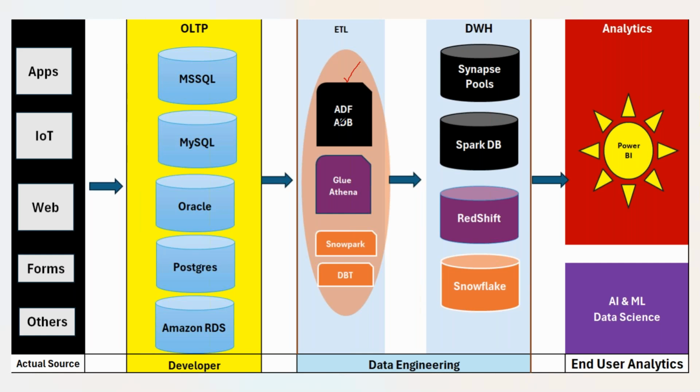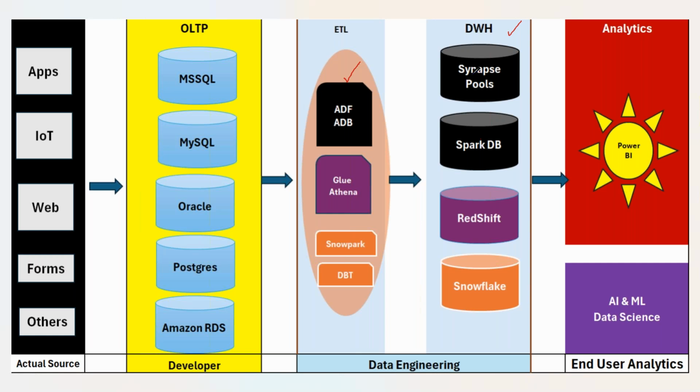So I said two different modules: one is the Data Factory module, the other is the Databricks module. We need to learn the two parts separately and later integrate Data Factory and Databricks together. We also have data warehouses: Synapse pools and Spark databases.